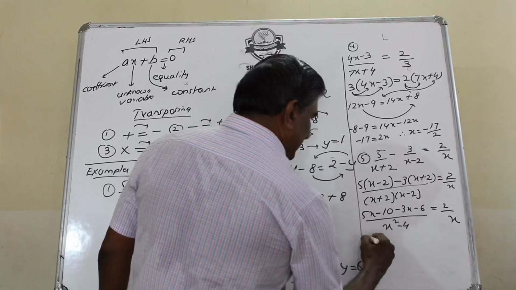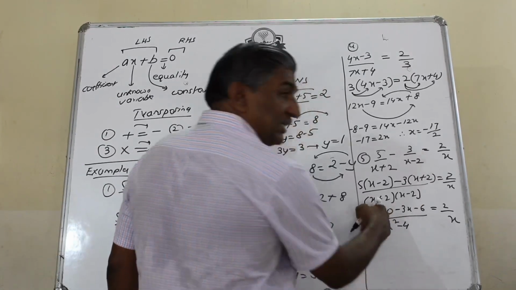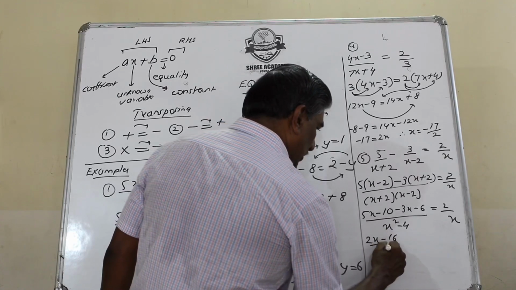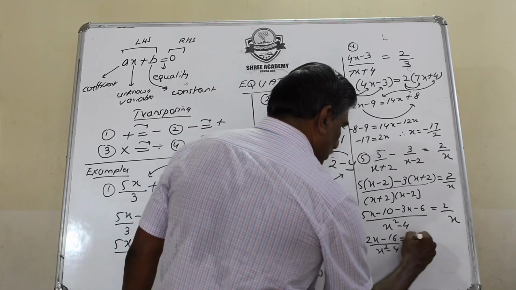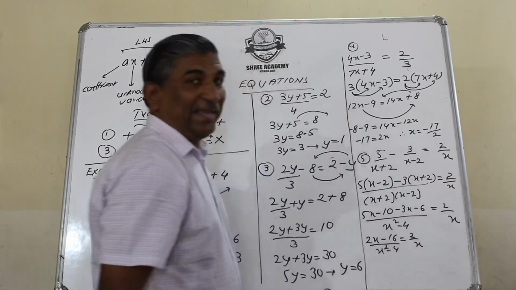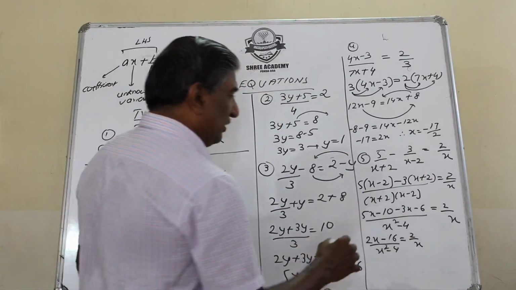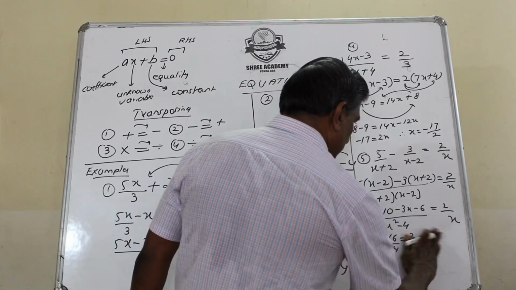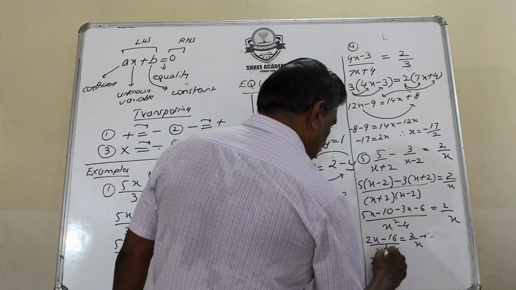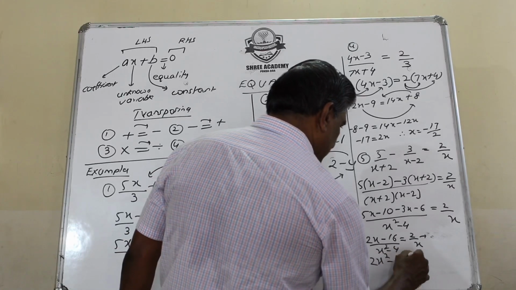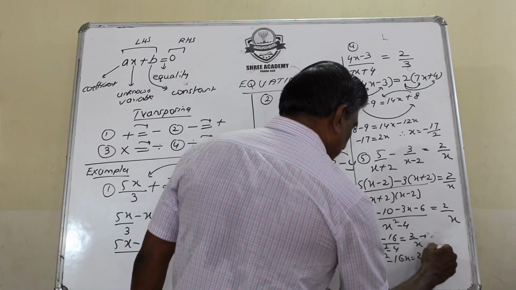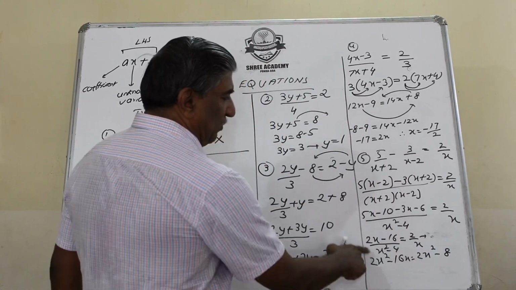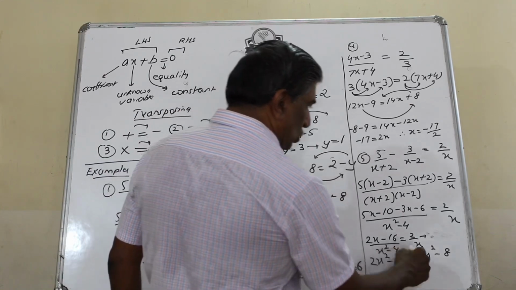Now 5x minus 3x means 2x, minus 10 minus 6 means minus 16 upon x square minus 4 is equal to 2 upon x. Once again we cross multiply, so this will become 2x square minus 16x is equal to 2x square minus 8. Now kindly remember, there is a 2x square here, there is a 2x square here.